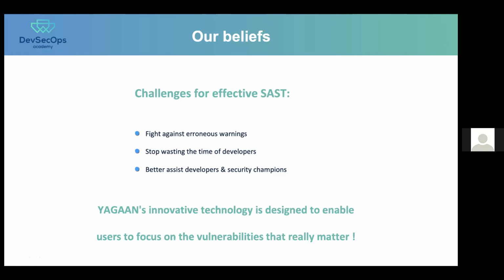One major aspect we wanted to take into account is to better assist developers and security champions, providing users with better information, with warnings when there is a problem, but also more decision-making information so you can focus quicker on the problems that really matter.